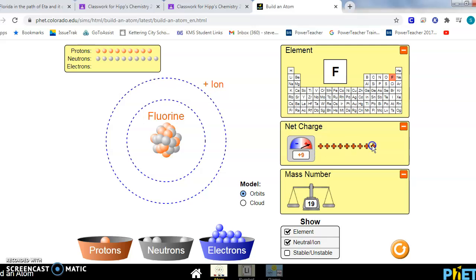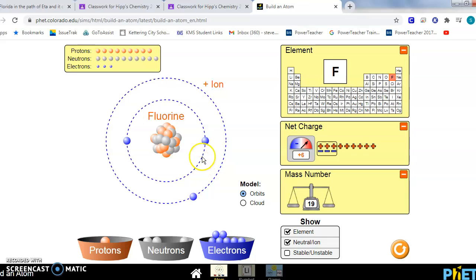We have 9 protons that are not countered by any electrons. Electrons counter a proton. So if a proton's positive, I put an electron in, those two are balanced. I put another electron in, those two are balanced. I try to put another electron right there on the first level, but the first level does not hold 3.